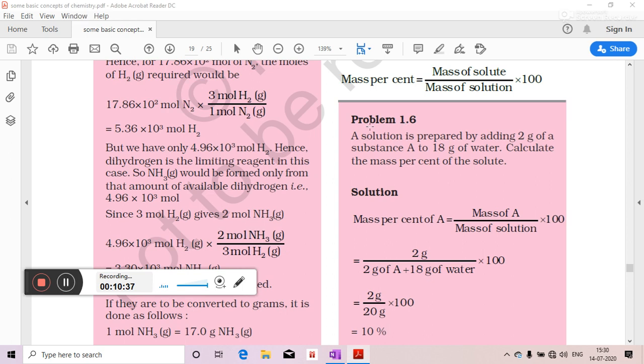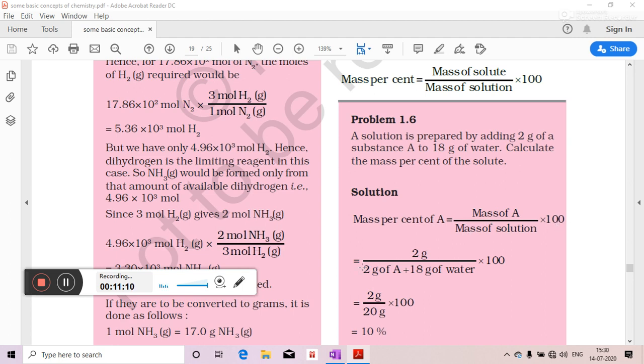So here one numerical is given on the basis of mass percent. A solution is prepared by adding 2 gram of substance A to 18 gram of water. Calculate the mass percent of the solution. So mass percent of A, that is solute, equal to mass of solute, that is mass of A, divided by mass of solution into 100%.